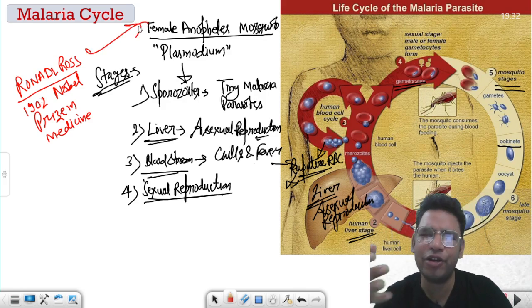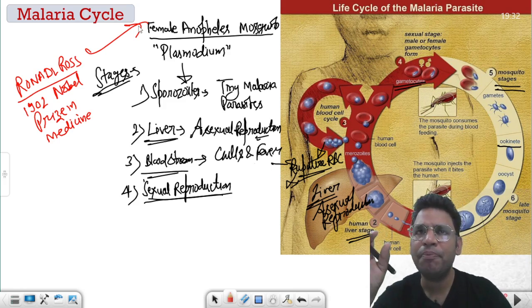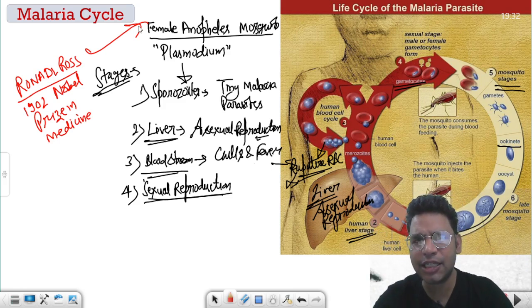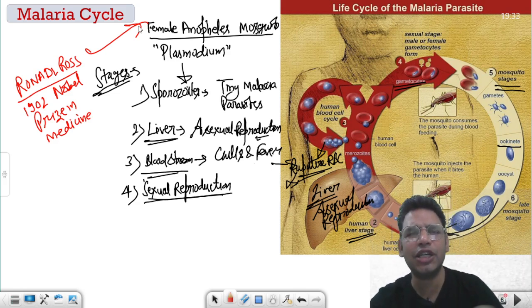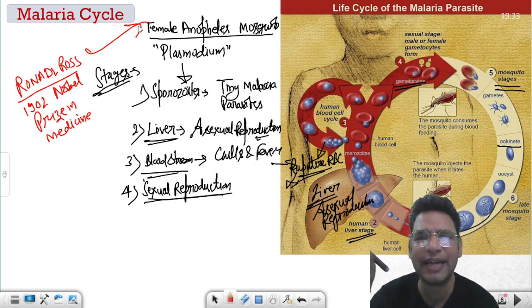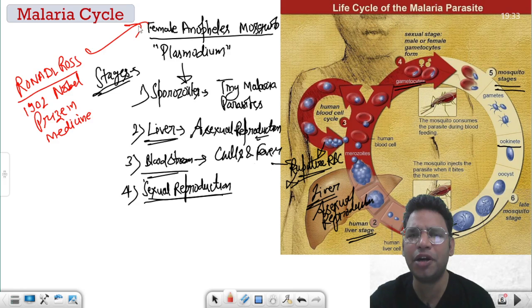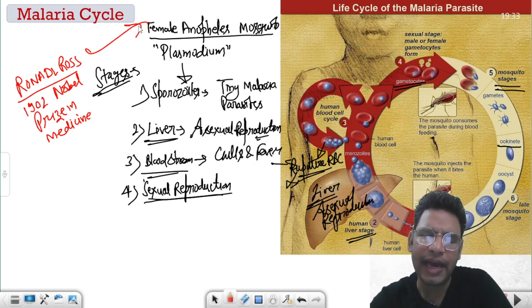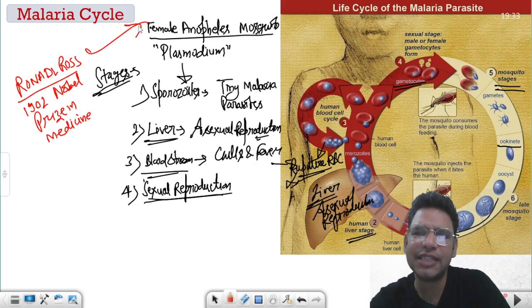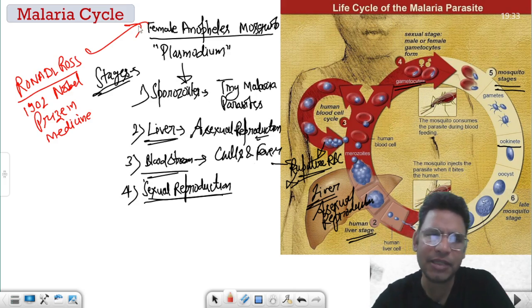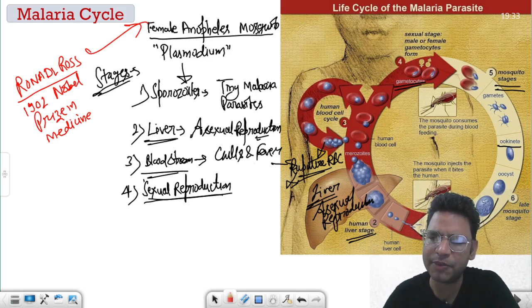Malaria means bad air, that was the meaning of malaria at that time. So people earlier believed bad air was responsible for this kind of illness, but Ronald Ross peeked into the stomach of the mosquito and found out that the same Plasmodium which is in the blood of the malaria patient is there in the female Anopheles mosquito, and he proved that these mosquitoes are responsible for malaria transmission, and he got the 1902 Nobel Prize for this discovery.